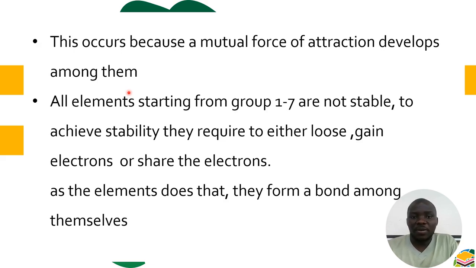So we can have a question: why is it different between elements? Some are losing electrons to be stable, while others are gaining to be stable. When we're talking about stability in an atom, they are supposed to have the maximum number of electrons in the outermost shell.